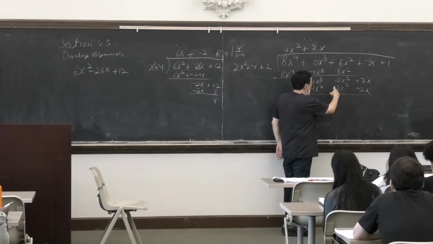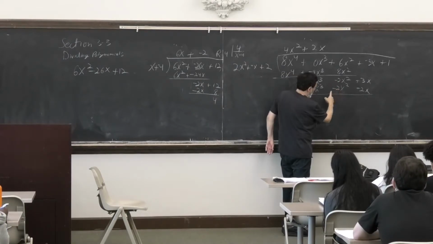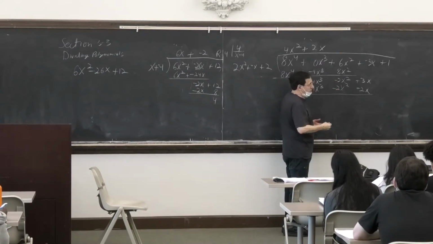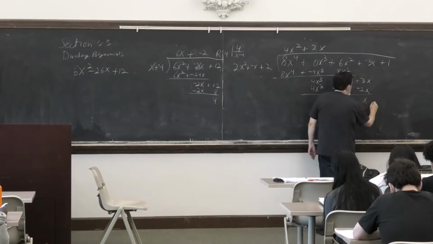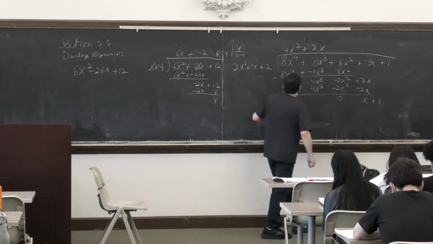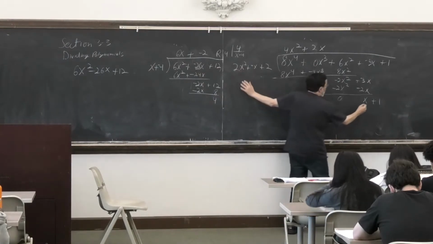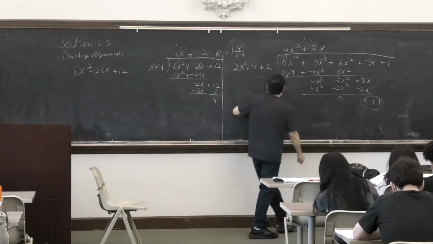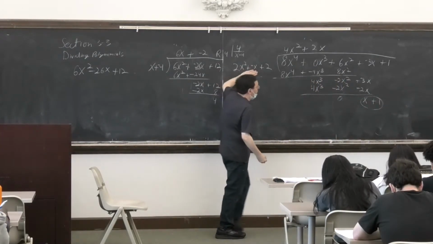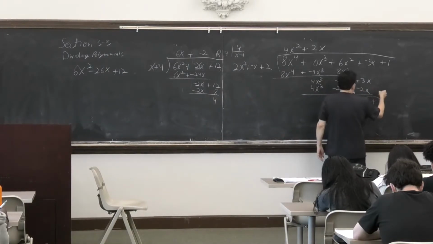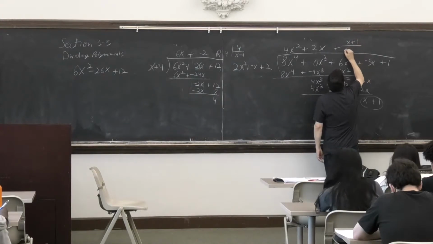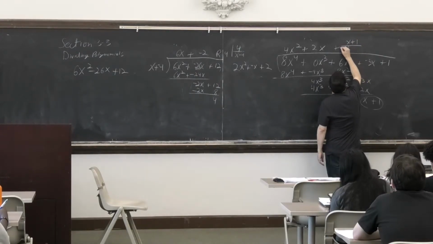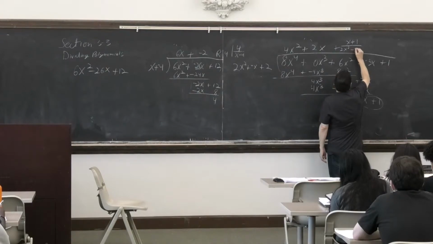Minus 2, minus 2, plus 0, right? This is just x plus 1. Now, because this is lower degree than what I'm dividing by, I'm done. So I could either say remainder x plus 1, or I could say x plus 1 over 2x squared minus x plus 2.